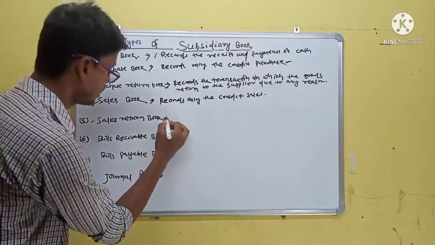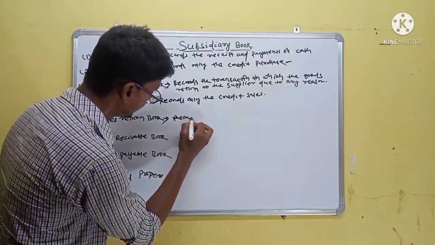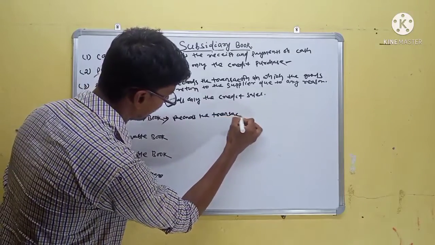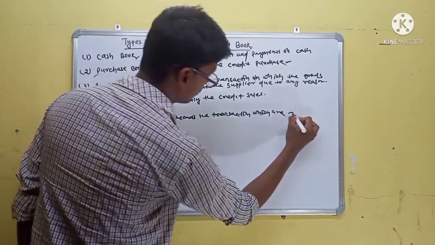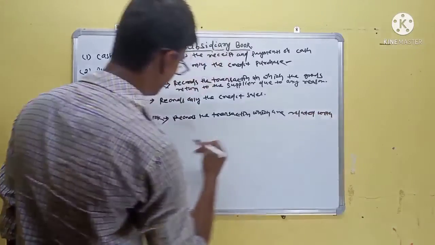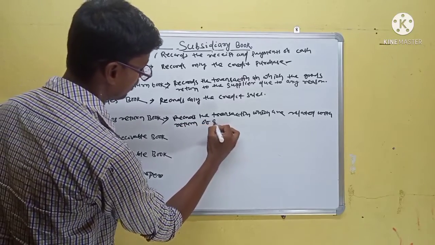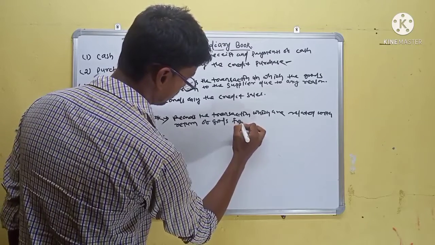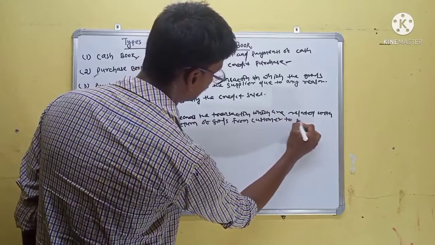And next is the sales return book. It records the transactions which are related to the return of goods from the customer to the business.